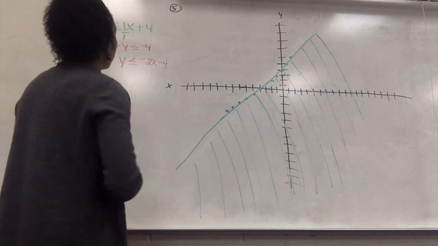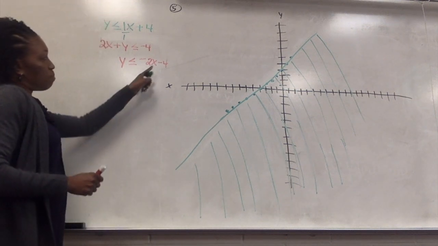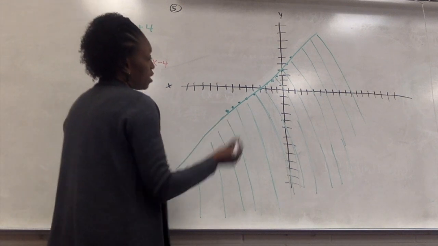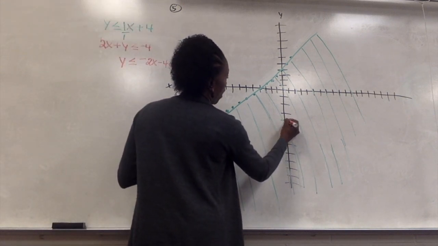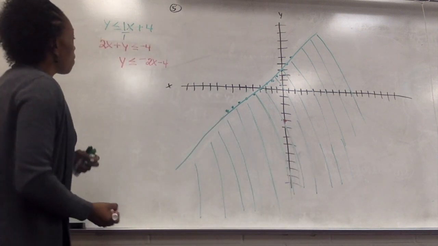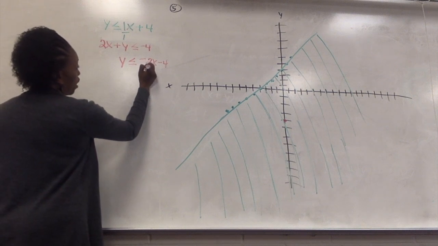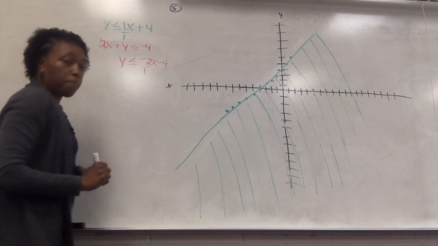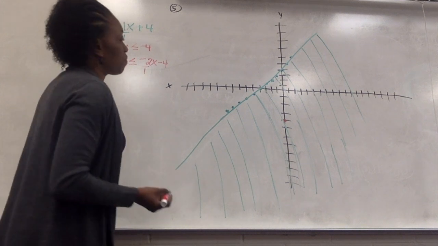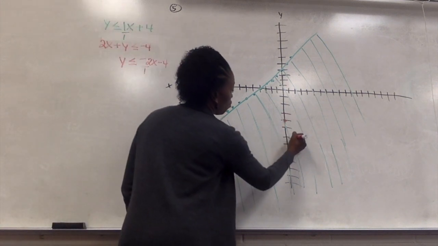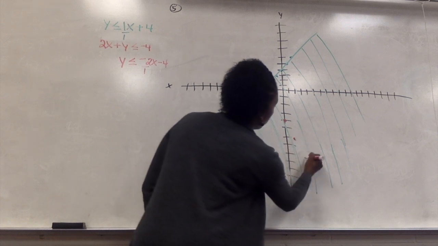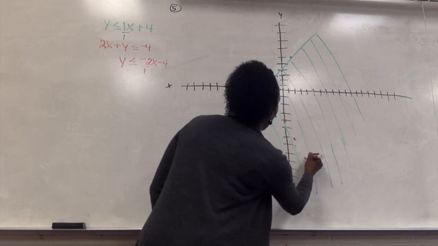I'm going to go to my second inequality. My starting point is at -4 this time, so I'm going to go to my -4 on my y-axis, which is here. And this time, my fraction is -2/1, so that means I'm going to go down 2/1 to the right. So from here, down 2/1 to the right, down 2/1 to the right.